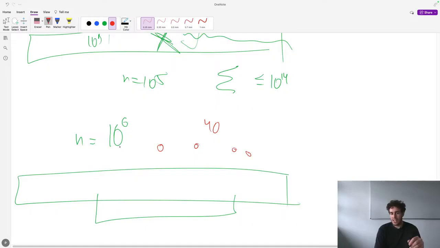Because a log of 10 to the 6 is 20, and I use at most 2 times log vertices. So I only need to look at 40 different values, and I know the minimum on the whole segment. The length of the segment can be like 10 to the 5, 5 times 10 to the 6, anything. And only by looking at 40 different values, I can know the minimum on the segment. This is absolutely mind-blowing. This is definitely the nicest data structure there is, I would say.